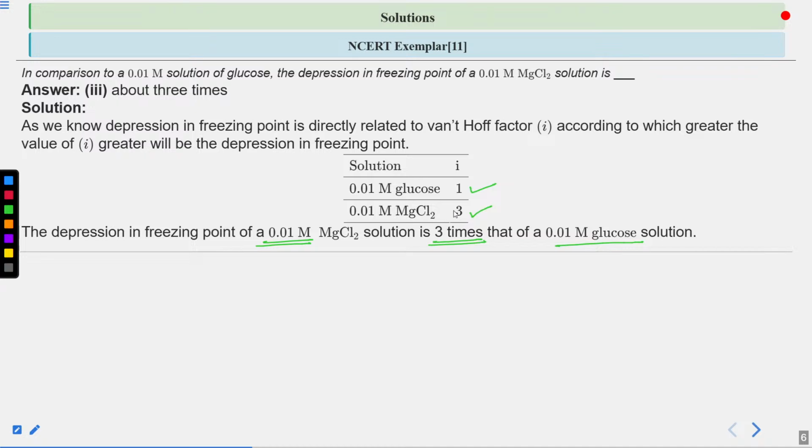So if you compare these two, MgCl2 has 3 times the depression in freezing point of the glucose solution. Clearly our correct answer is option 3rd, which is about 3 times. Okay, now let's move on to the next one.